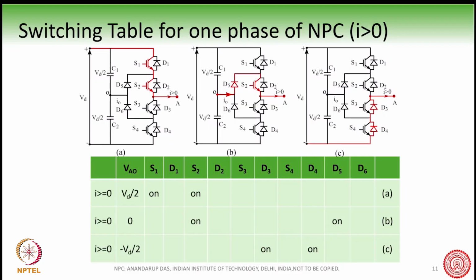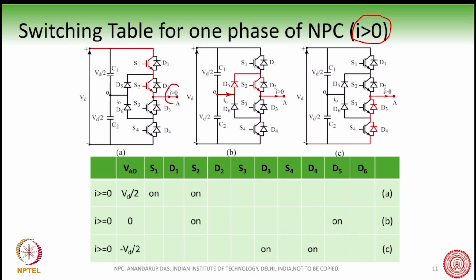It is quite natural to get overwhelmed with this circuit initially. However, if you analyze it step by step, you will be able to get to the reason why all these switches are used.